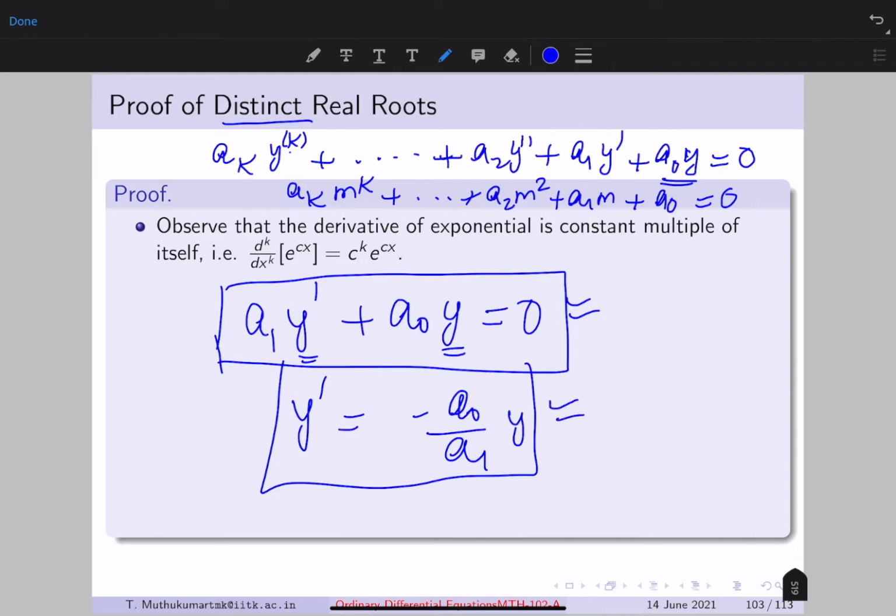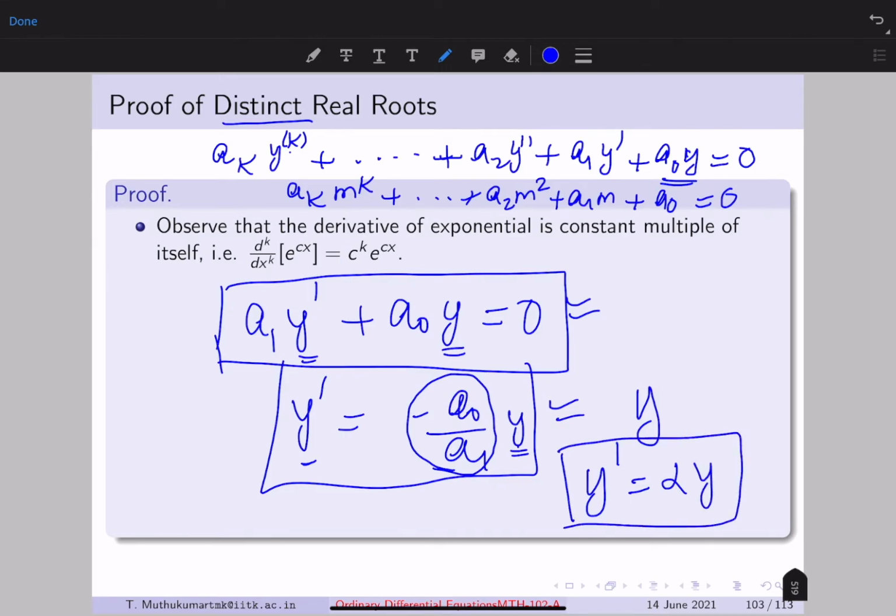That you are looking for a function y such that when you differentiate y, that is when you compute y prime, it is some scalar, some number, times the function itself, right? That's the form here.